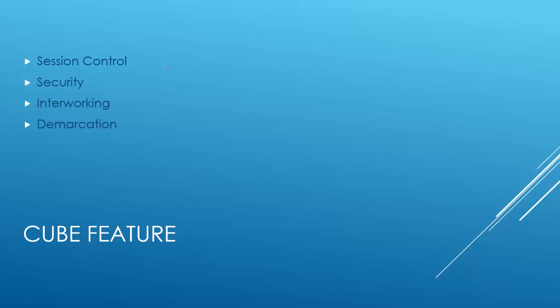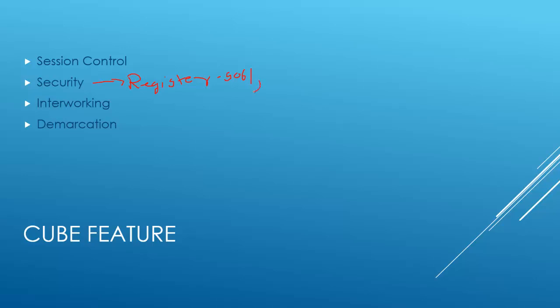And then the second feature is security. So basically, what you would do here is you would register your SBC. In our case, it's a CUBE. So you will register your CUBE with the service provider. So the service provider knows, okay, this is the right device, and we are secure over port 5061, for example, for secure RTP and a secure SIP trunk connection over TLS, right?